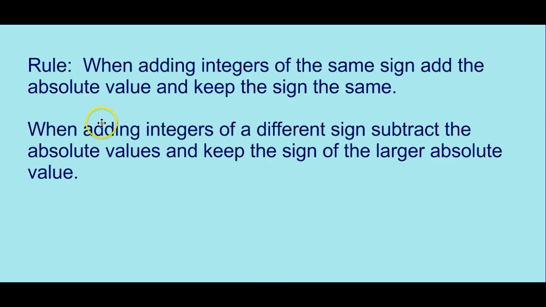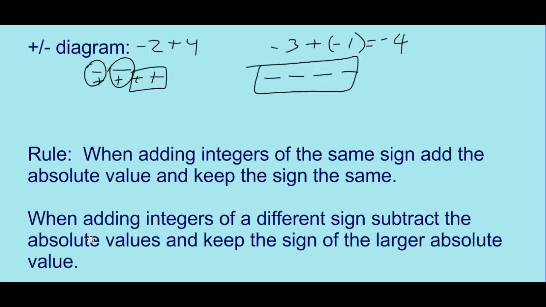So if you're adding integers where the signs are different, what you're really doing is subtracting. So a positive plus a negative, or a negative plus a positive, you simply subtract the absolute values, subtract the digits, and you keep the sign of the larger digit. So when we look back at our example, 4 is larger than 2. So 4 was positive, our answer was positive.